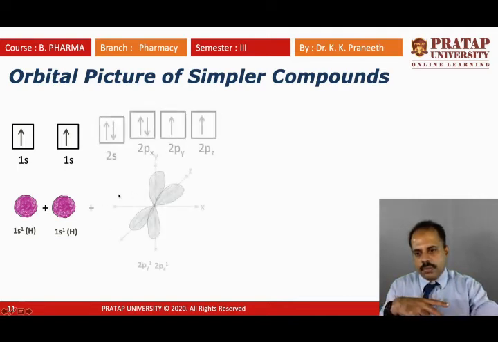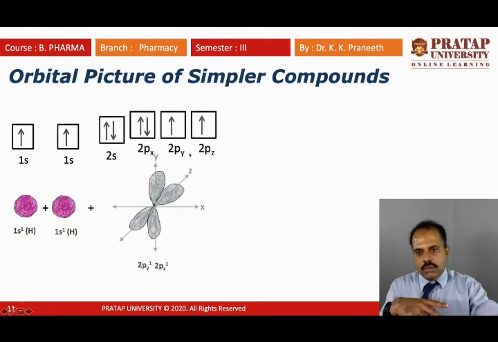So these are the valence orbitals 2s and 2p, having 6 electrons and 2 unpaired electrons. And this is the orbital diagram of the 2 unpaired electrons, the p orbitals. So this one unpaired electron is present here in the 2py, and another unpaired electron is present in the 2pz.